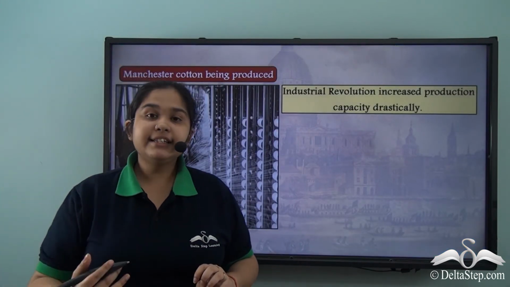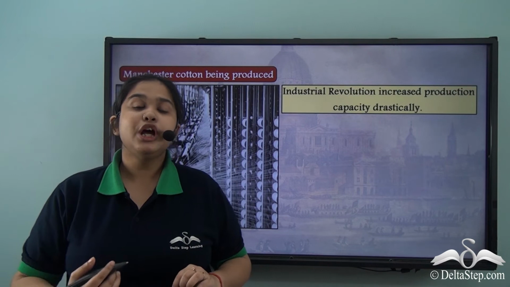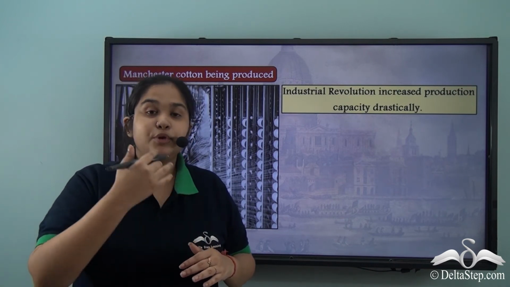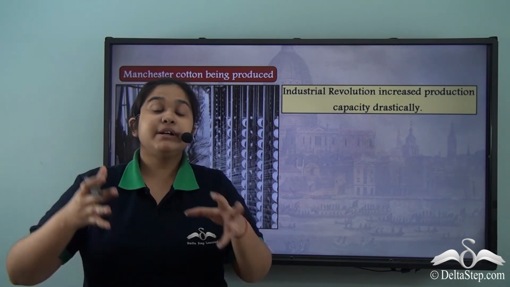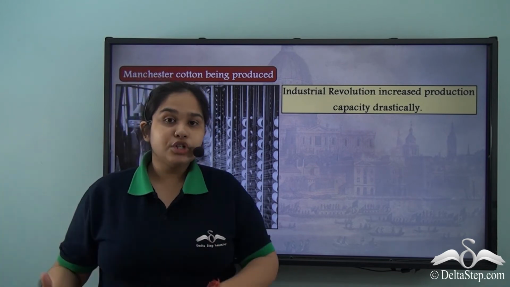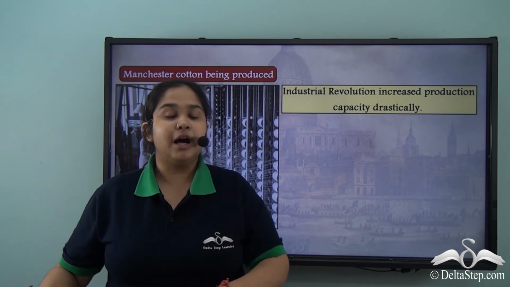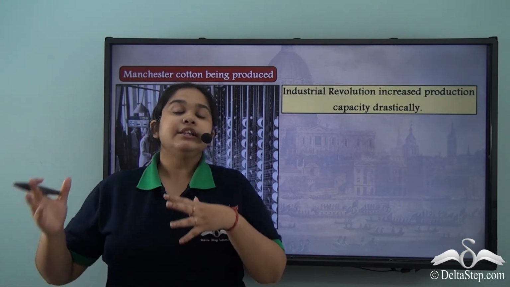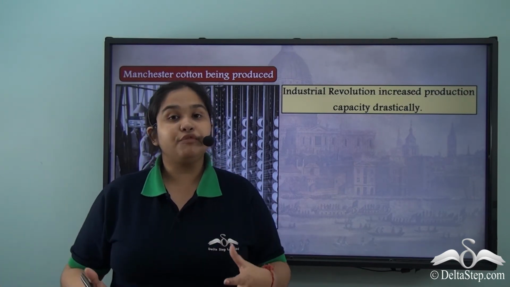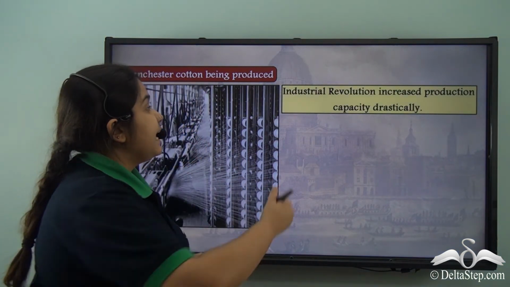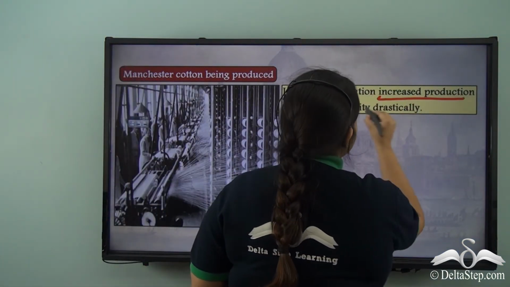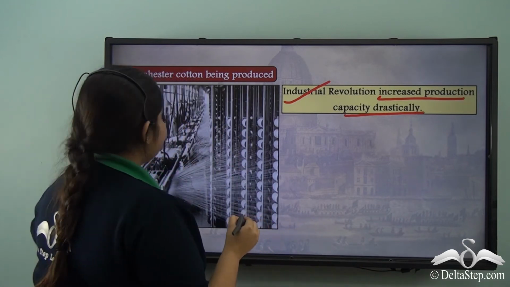Therefore, we can understand that the industrial revolution not only augmented the process of production per se, but it also augmented the process of colonization. It augmented the process of imperialism that brought most of the entire world under the European powers. We see that the industrial revolution increased the production capacity drastically.